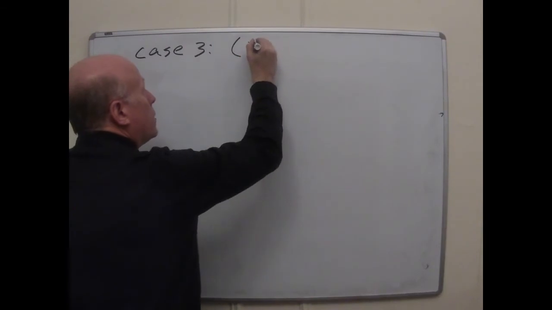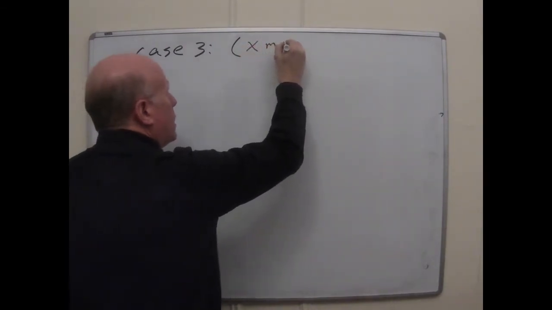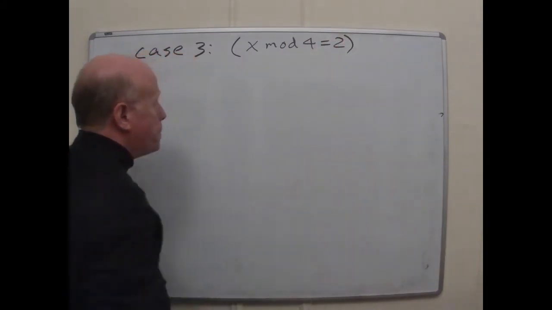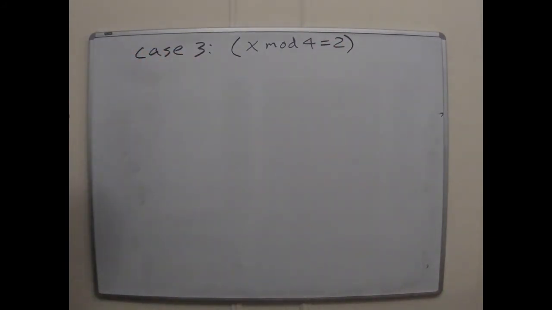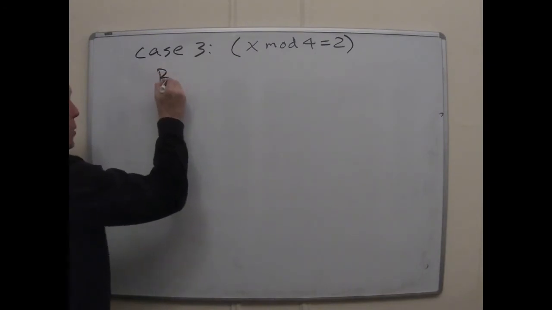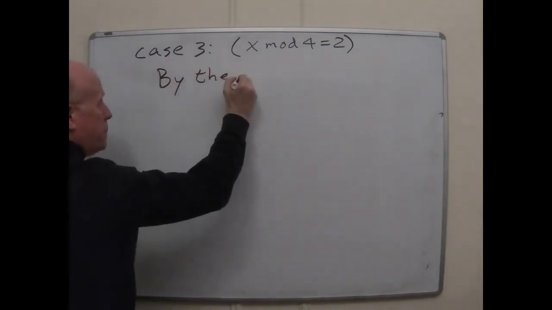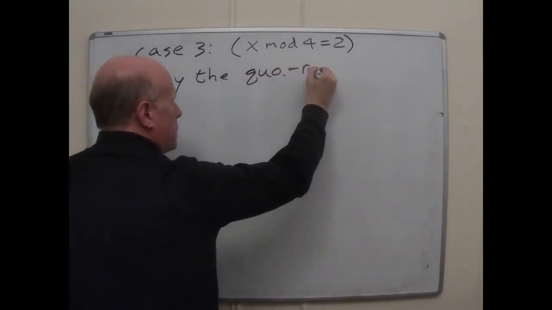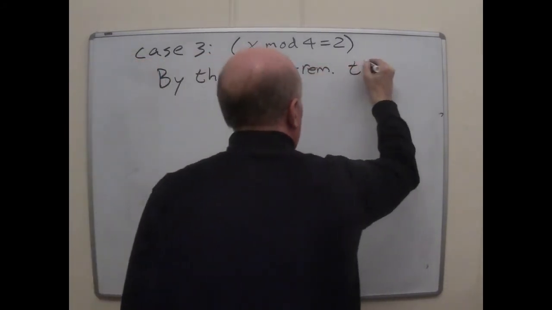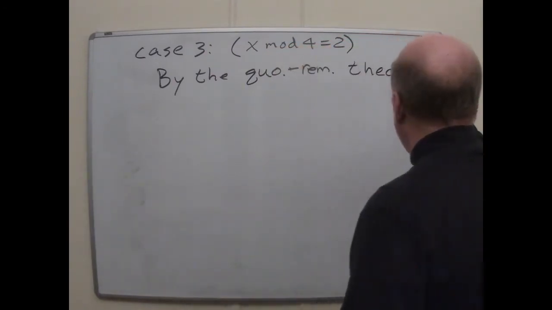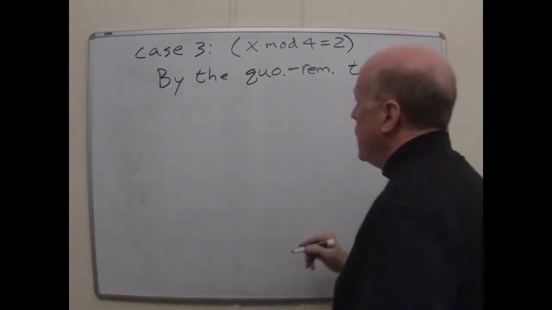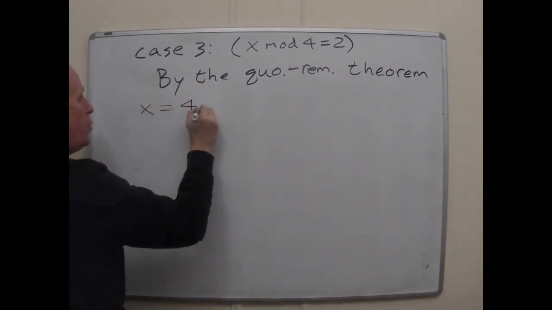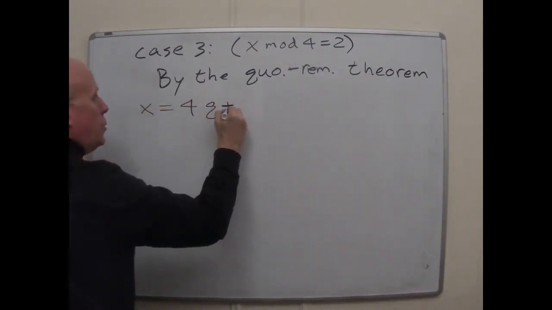So here, x mod 4 is 2. Again, by the quotient remainder theorem, what shape does x have? x is equal to 4 times q plus 2.